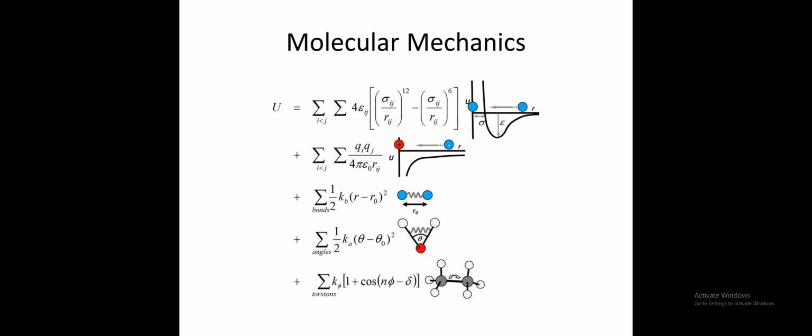Then we look at bond angles. Obviously, if we're looking at a typical sp2 hybridized carbon, we're looking at 120 degrees as far as the normal bond angles that will occur around that functionality.